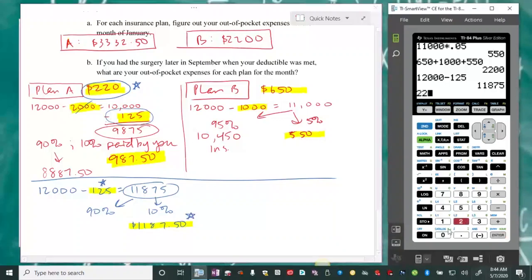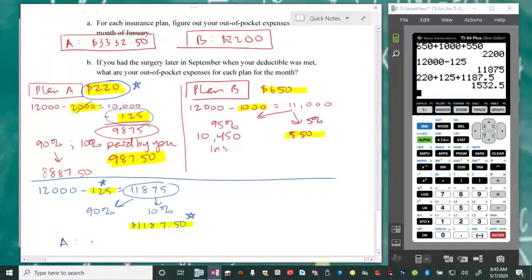Okay, so I've got $220 plus $125, adding up my expenses, plus my 10% of the balance, $1,187.50. So now we've reduced those for Plan A, those out-of-pocket expenses, to $1,532.50. So later in the year, when our deductible has been met, I'm going to have a lower amount to pay.